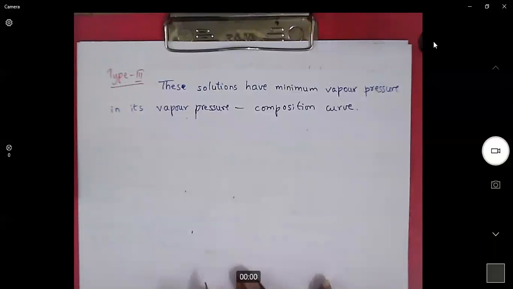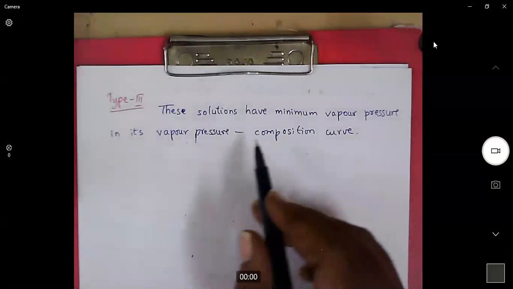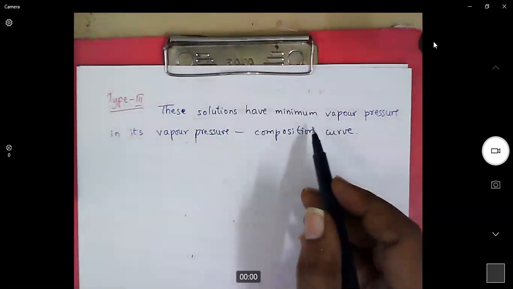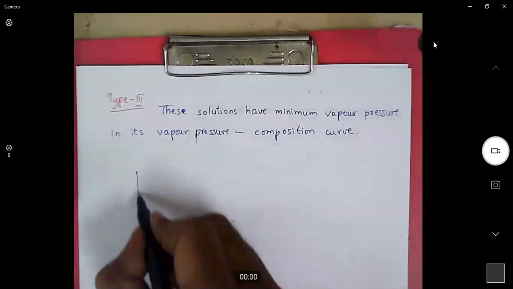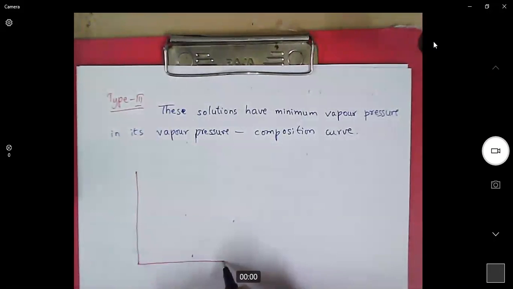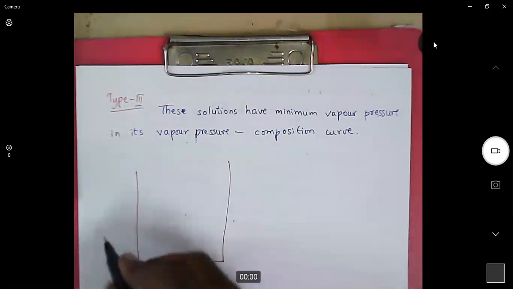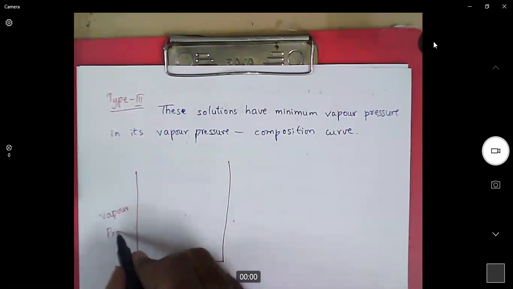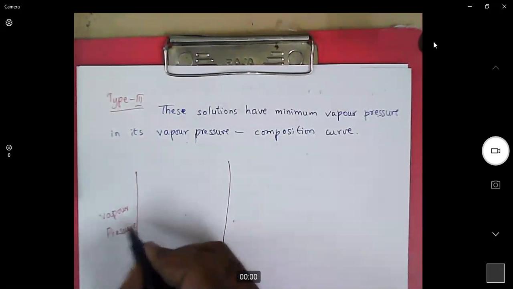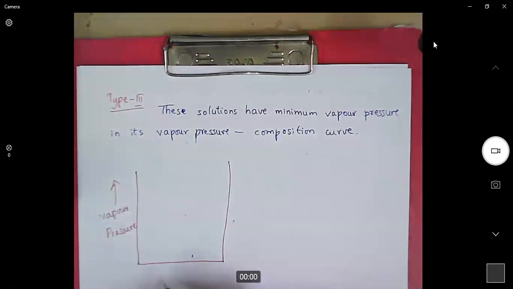What are type 3 solutions? Type 3 solutions have a minimum vapor pressure in their vapor pressure composition curve. That means when we mix two components A and B, this is vapor pressure on the y-axis, composition on the x-axis.